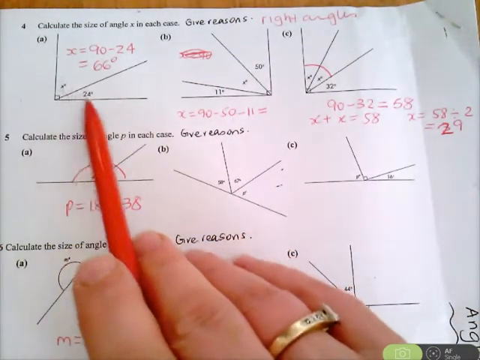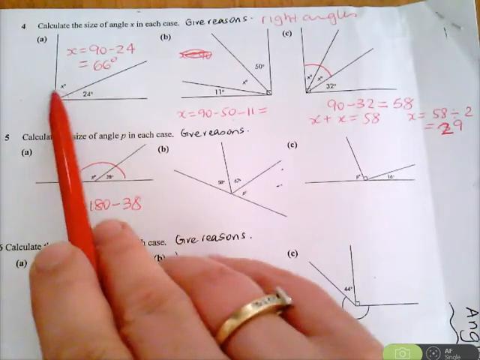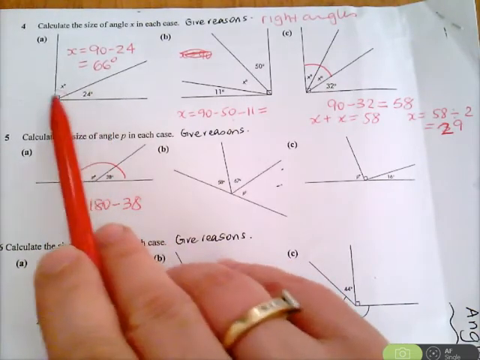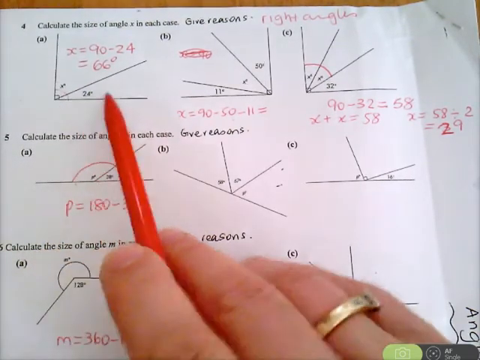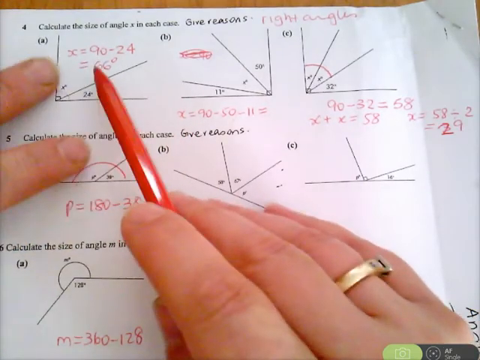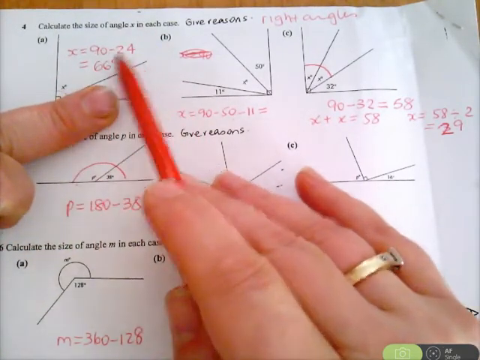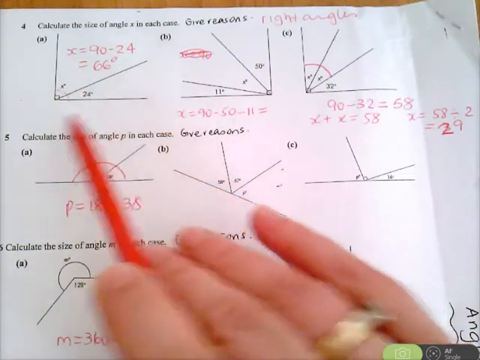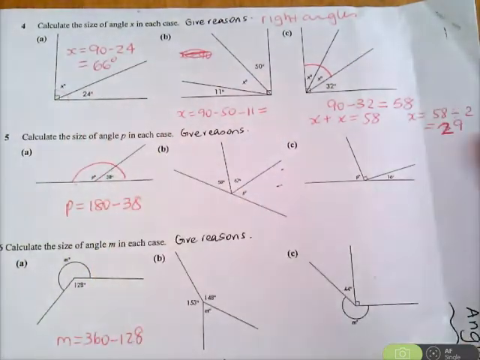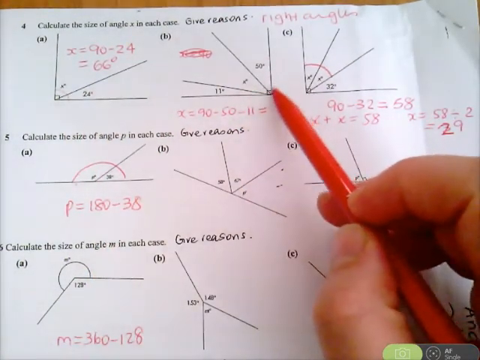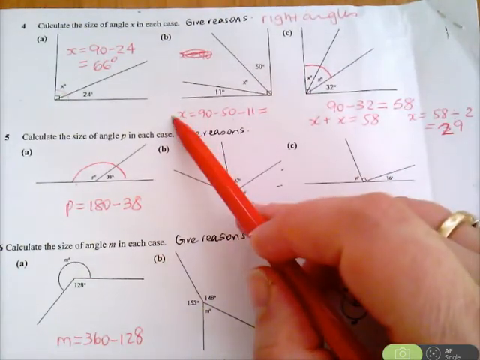So the reason here we know that X plus 24 makes up a right angle. So to find X, if you cover that up, it's the right angle, and if we take away the 24, we'll end up with what X is, which is 90 minus 24 is 66 degrees. With this one here as well, we know we've got a right angle.